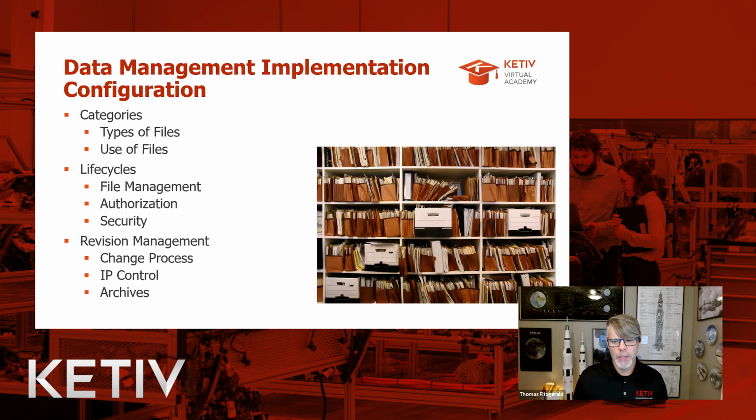Understanding our revision management process. What is our process for change? What kind of steps are involved? Do we have very specific intellectual property control needs? Are there different standards and different authorities involved in terms of understanding our information and controlling and standardizing our information?